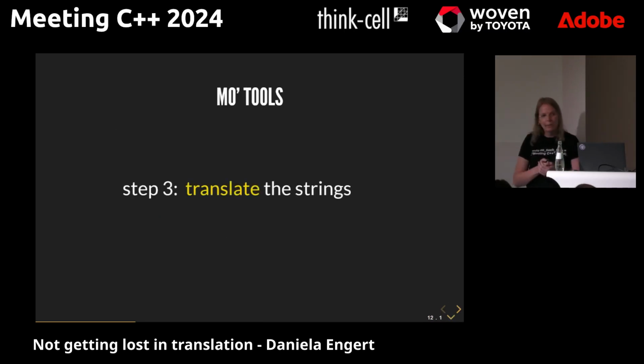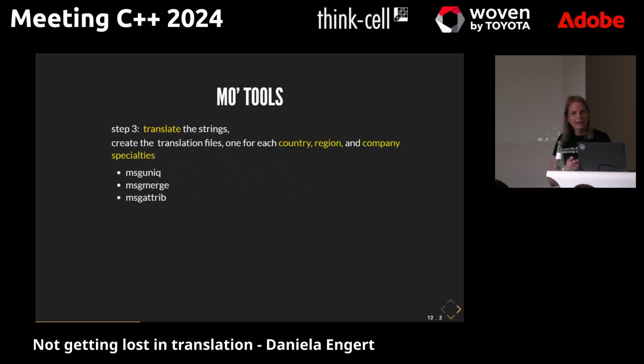And you now have more tools in the gettext ecosystem, which actually do the translation process with the help of the customers or the developers. What you do is take these extracted strings that you want to translate, and now you look for which country or particular region or even a company you need to get a particular translation for.